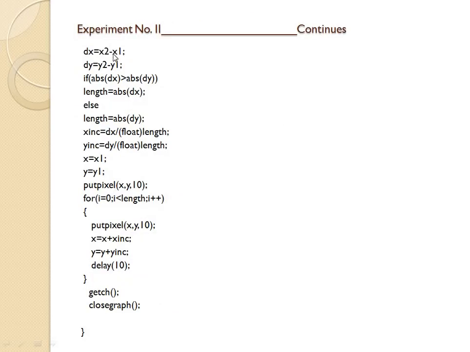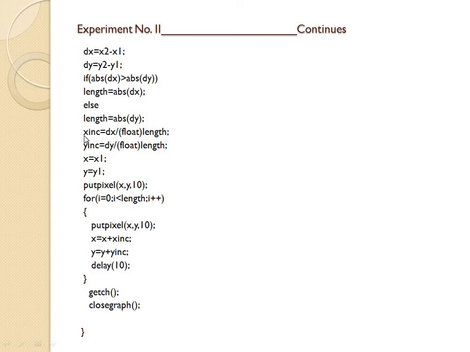Then we calculate dx is equal to x2 minus x1 and dy is equal to y2 minus y1. Then there is a condition: if absolute dx is greater than absolute dy, then length is equal to absolute dx, else length is equal to absolute dy. Length means the steps.